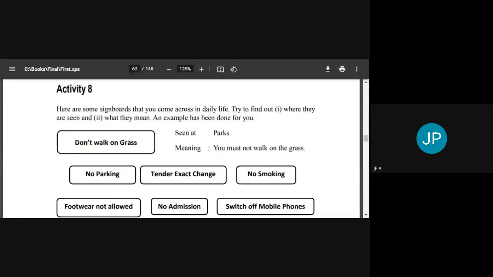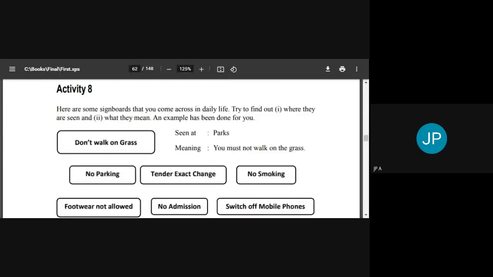Switch off mobile phones. Next one is switch off mobile phones. Switch off mobile phones. Very good. In classes, classrooms, planes, airplanes, hospitals. Very good, Sia. Surya, Shija.